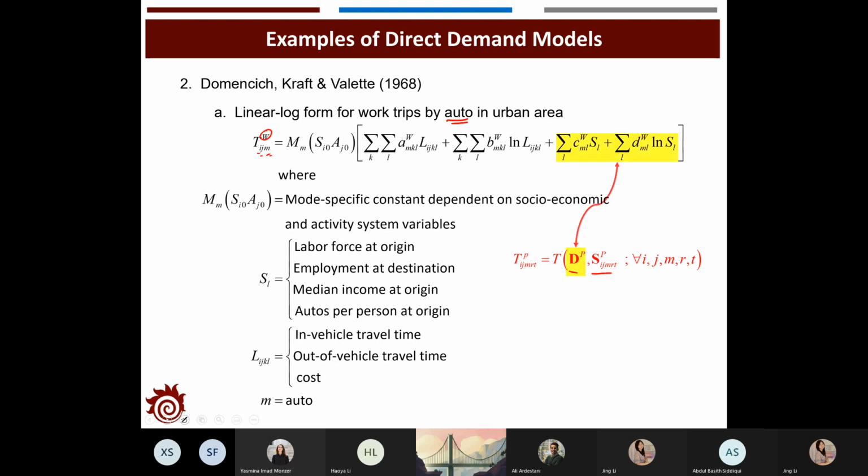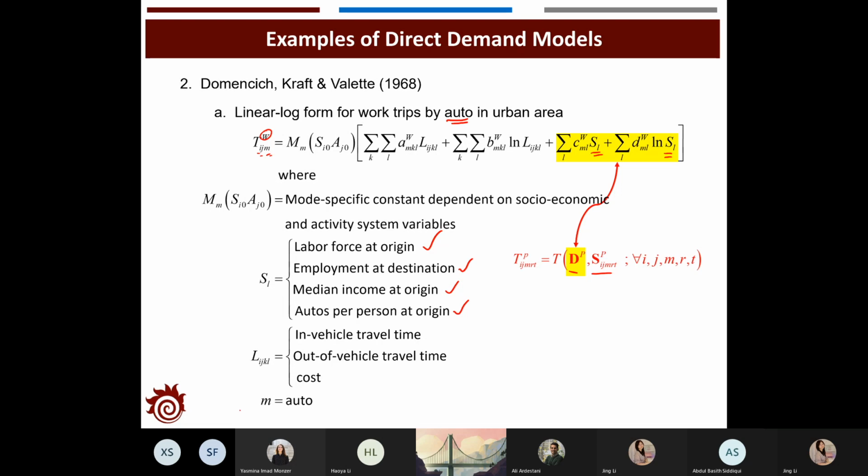For the demand, that will be the part related to capital S. Here in the model, S represents the labor force at the origin, the employment at the destination, the income levels, and the ownership of autos or vehicles per person at the origin.